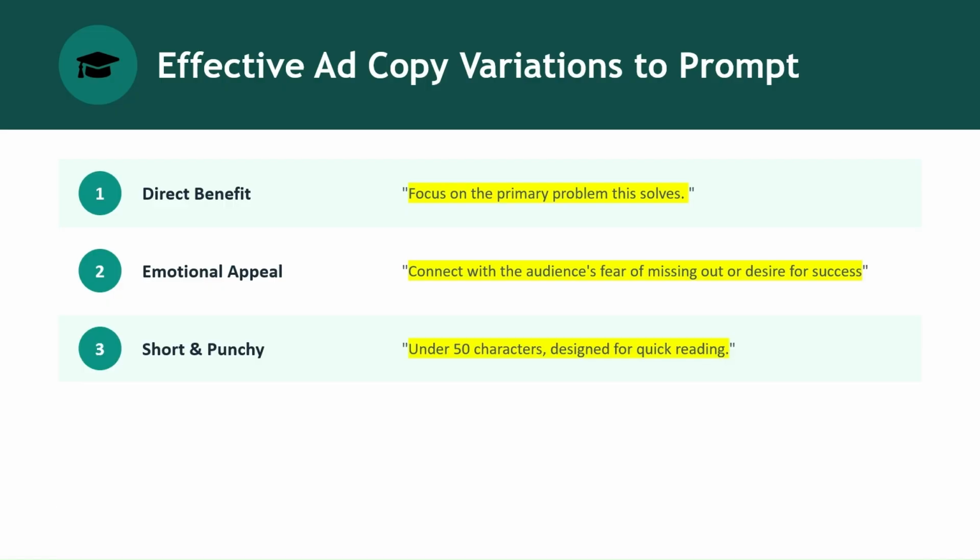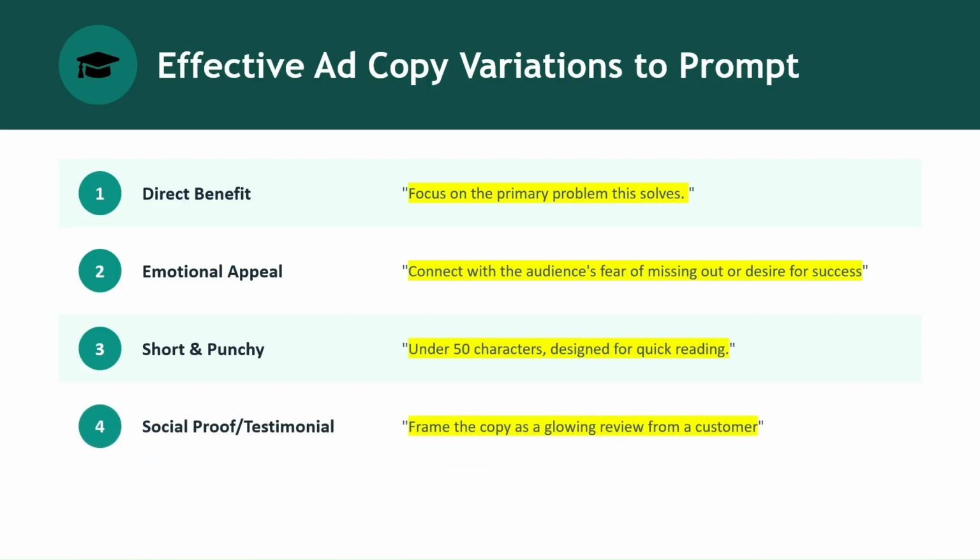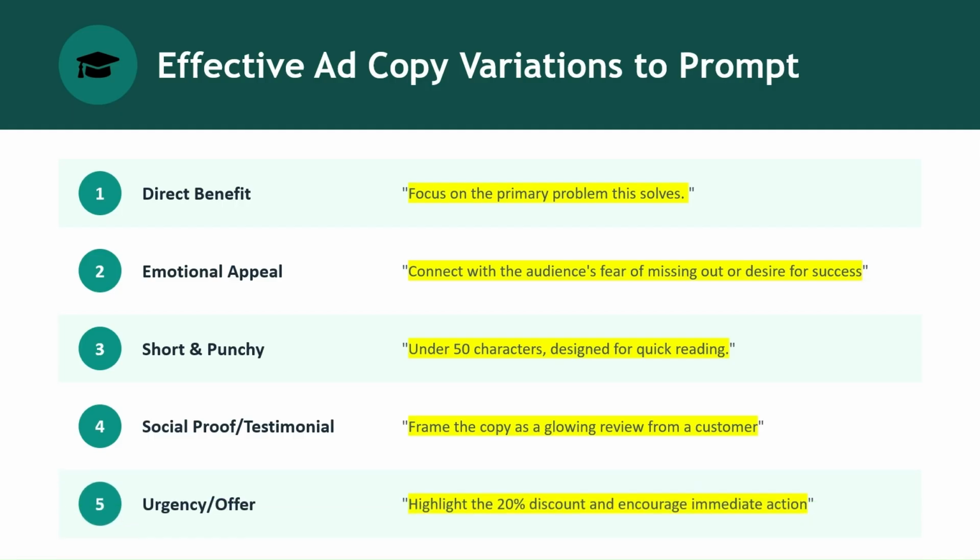Short and punchy, under 50 characters, designed for quick reading. Social proof testimonial: frame the copy as a glowing review from a customer. And finally, urgency: the offer should reflect a feeling of urgency. Highlight the 20% discount and encourage immediate action, as you've seen in my ad.